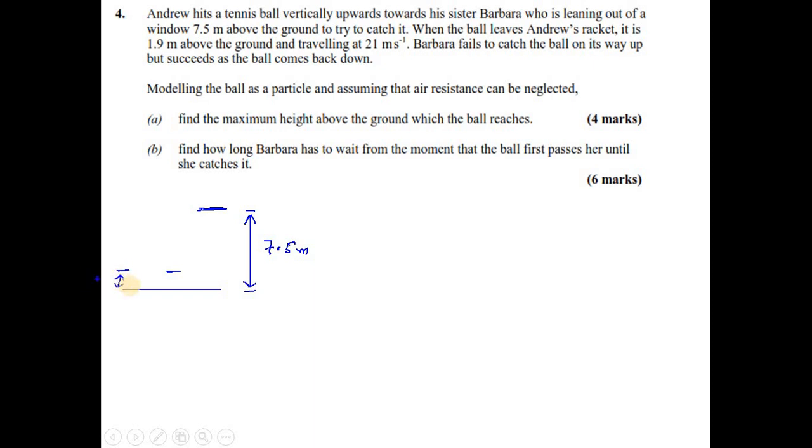So this is 1.9 meter, and the ball is leaving the racket with the velocity of 21 meter per second. So velocity at that point is 21 meter second inverse.